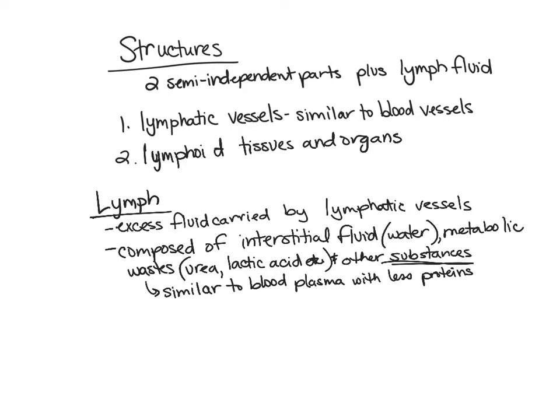So then, when the blood reaches the capillaries, those smallest vessels, the fluid is going to be pressed out of the blood. What happens is we have a high amount of fluid inside the blood vessels, and a lower amount of fluid on the outside of the blood vessels.